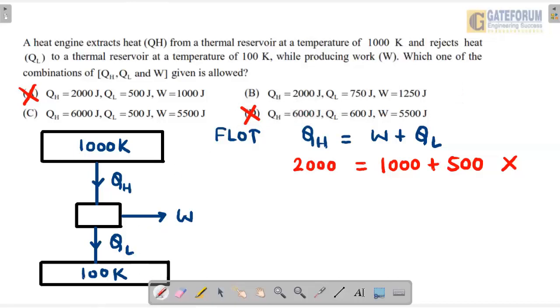So now let's move to the Clausius inequality. You know very well, for a reversible heat engine, right? Del Q by T should be less than or equal to 0. Now guys, see.